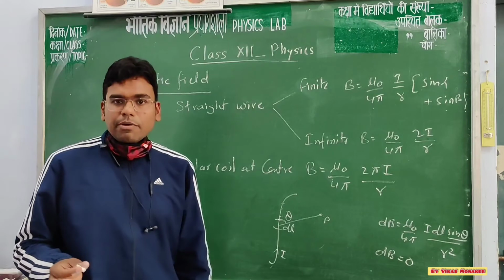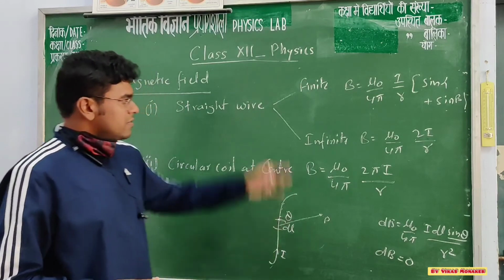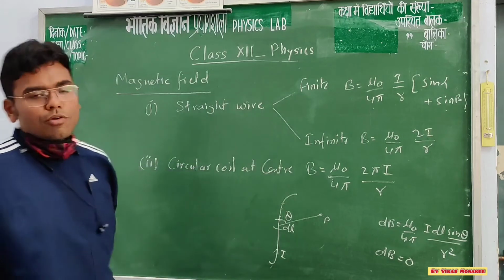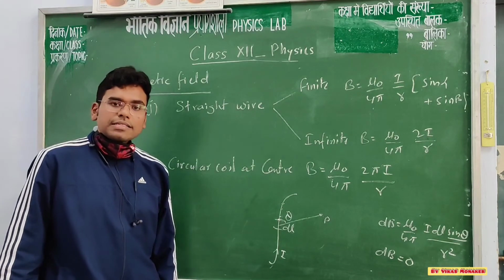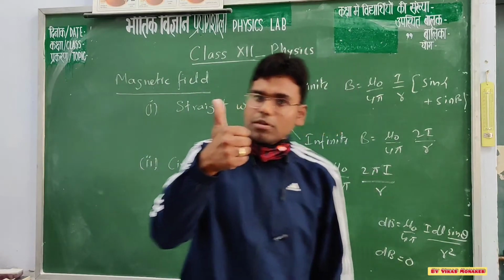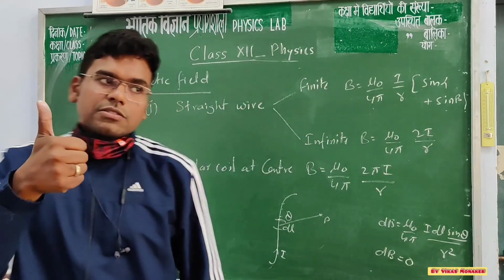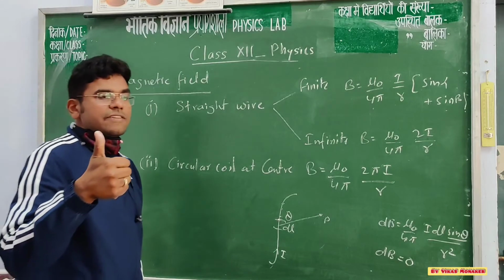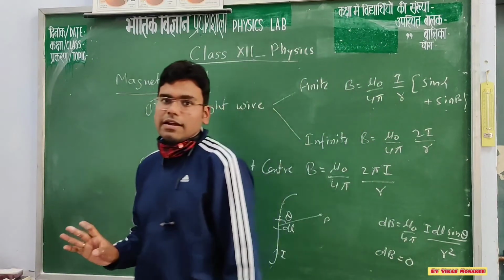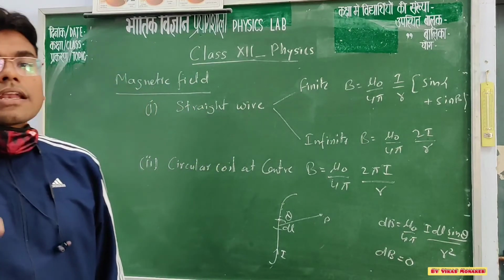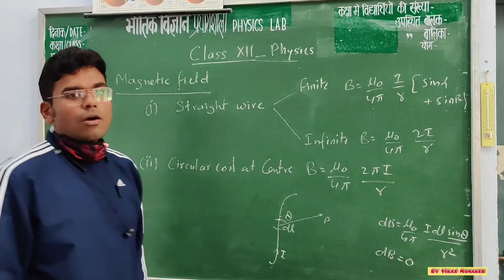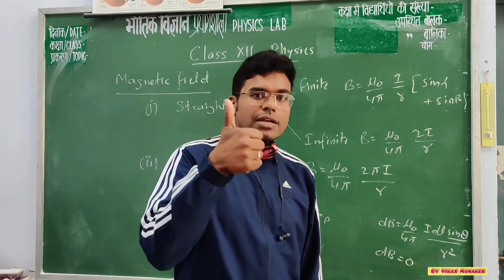Now we take a basic problem, through which we can utilize some of the formulas, or a combination of some of the formulas. But the important part is that you should know about the direction of the magnetic field. So I told you the right hand thumb rule will be utilized, because if you are determining the magnetic field for 2 or 3 different surfaces, then how will you determine the net magnetic field. In order to determine the net magnetic field, you have to take the direction into account, and to calculate the direction you can use the right hand thumb rule.